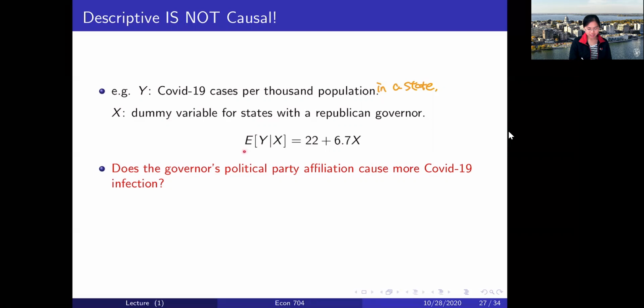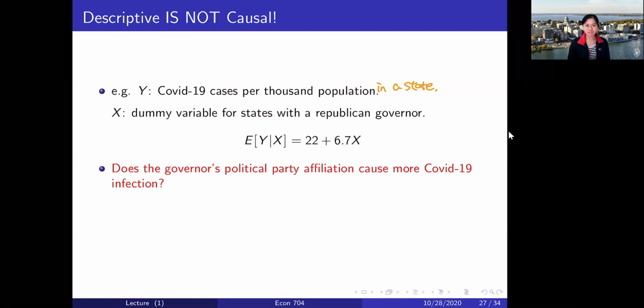And suppose that the conditional mean of Y given X can be described in this way. Suppose this is the true conditional mean model of Y given X. So E[Y given X] is 22 plus 6.7X. And the coefficient for X is positive, 6.7.